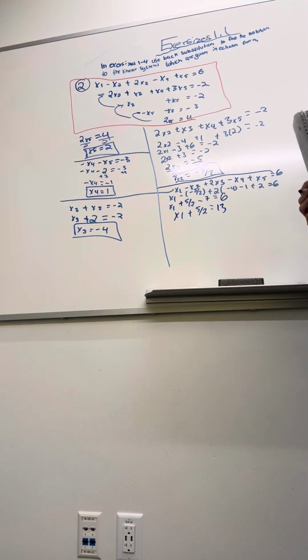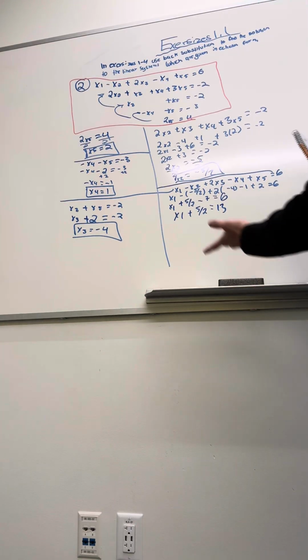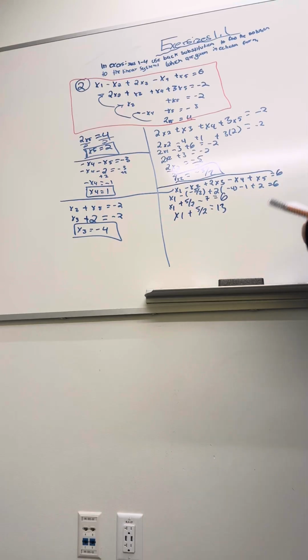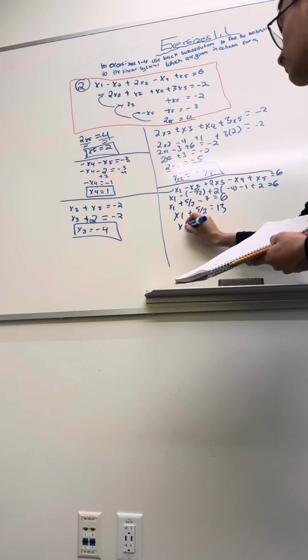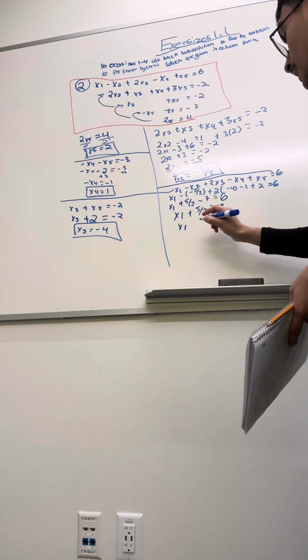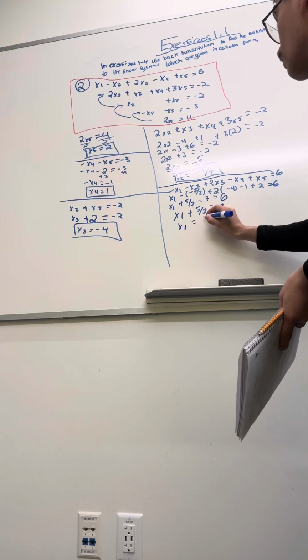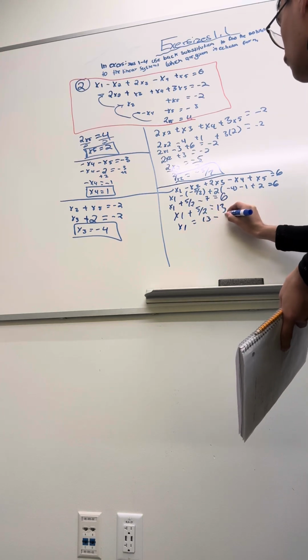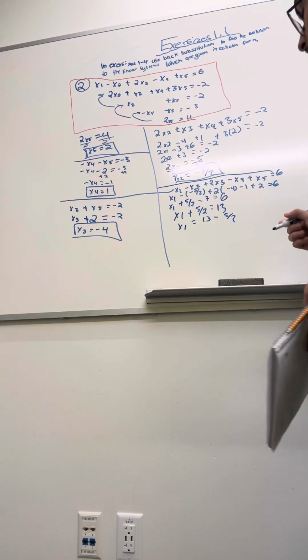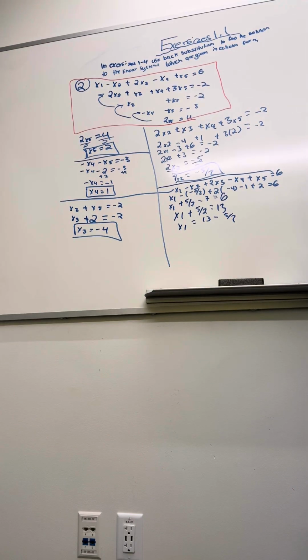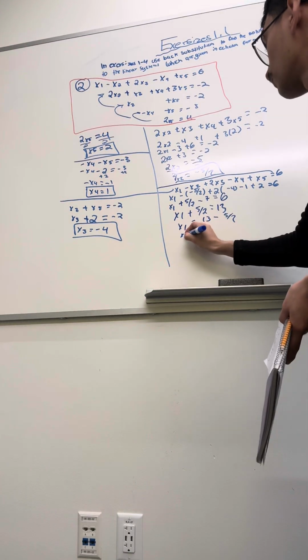And so now all we have to do is cancel out the 5 over 2. So we subtract 5 over 2 on both sides. x1 is going to be equal to 13 minus 5 over 2. And now all we need to do is simplify.